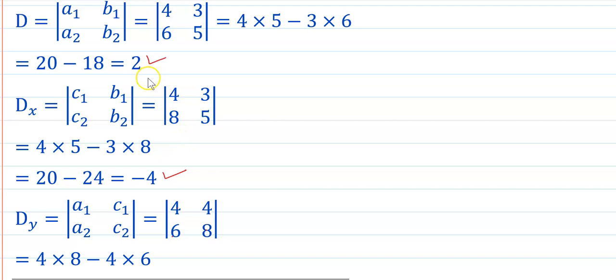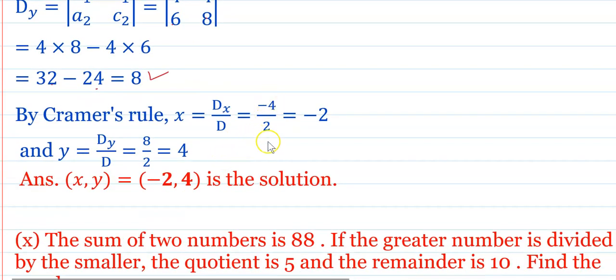Therefore minus 4 upon 2, and y is Dy upon D, 8 upon 2. Minus 4 upon 2, you will get minus 2. 8 upon 2, you will get 4. And therefore the solution (x, y) is equal to (-2, 4). This is the solution of the given simultaneous equations.